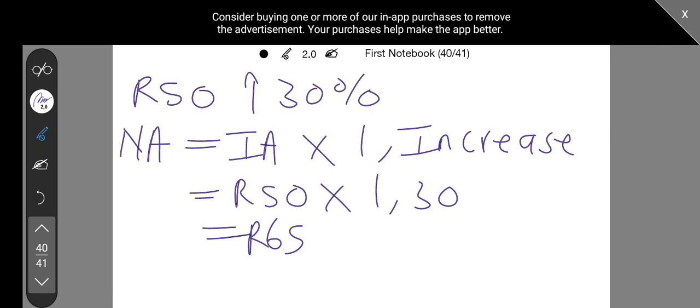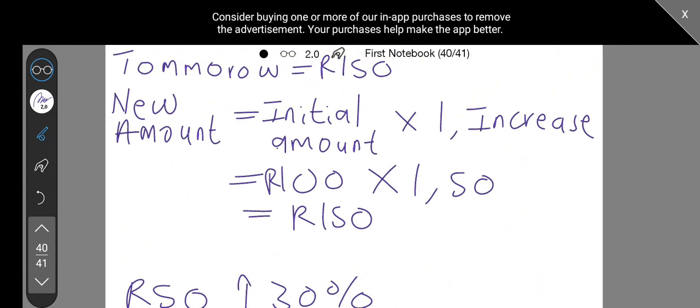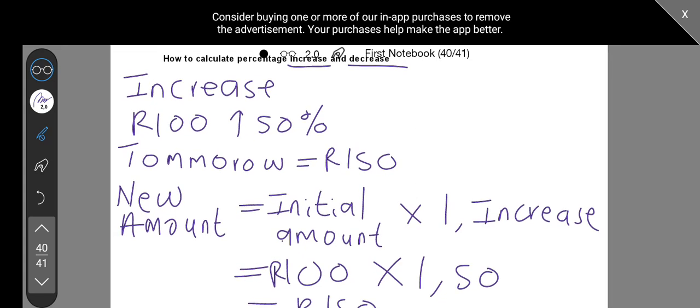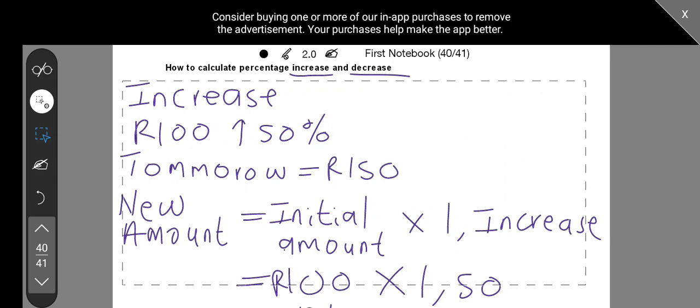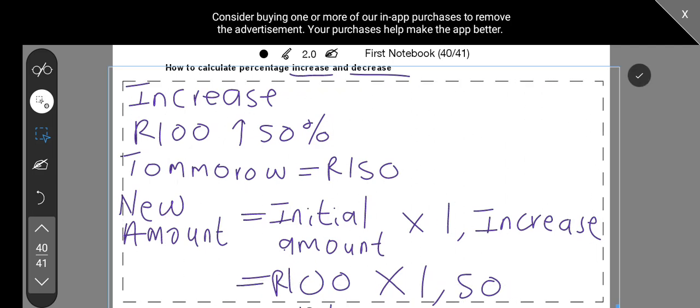This means that if we increase 50 rands by 30%, we will get 65. I hope it is clear and understandable. So we're going to erase and do percentage decrease. It's simple to understand this stuff. It all takes practice.